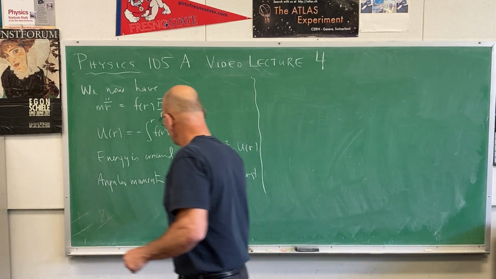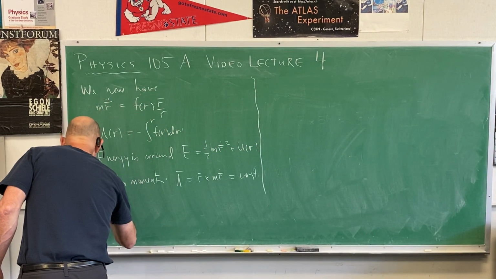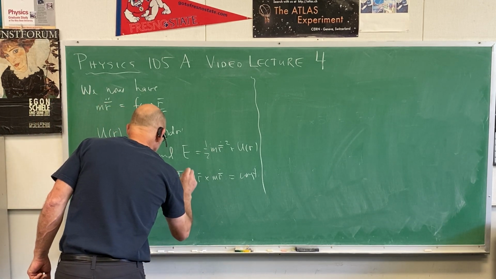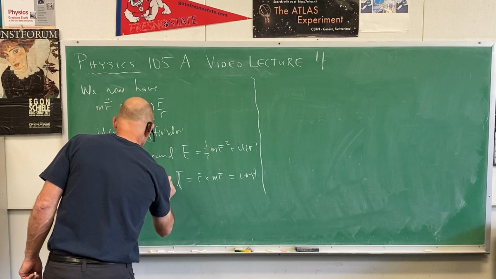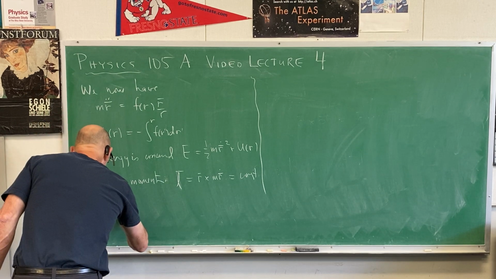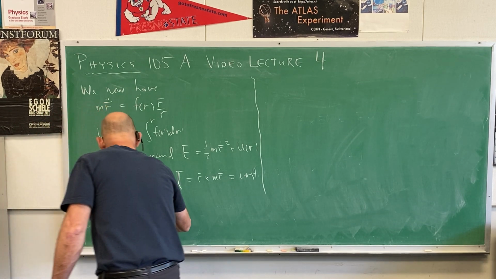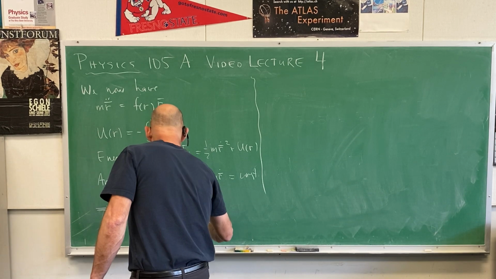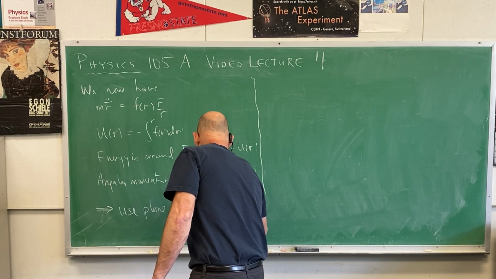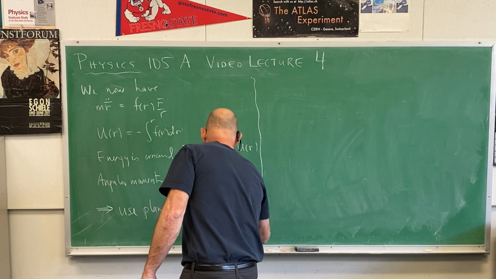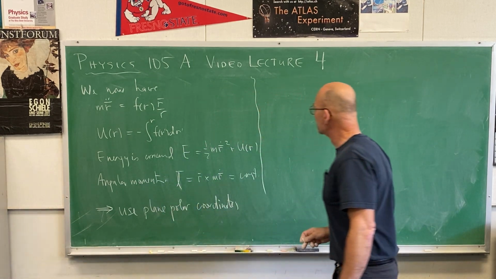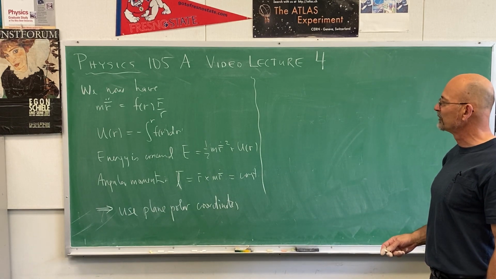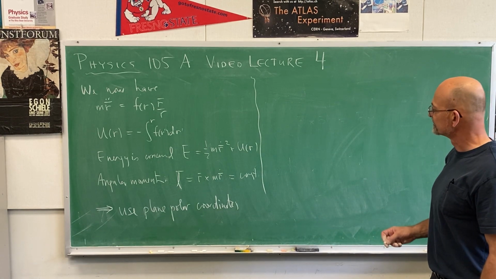And from this last result, L, we can use plane polar coordinates. We were wondering what those things were going to be good for. Here it is. We use plane polar coordinates now.